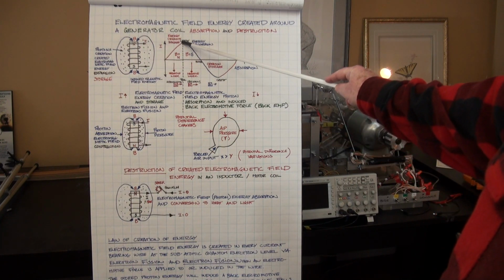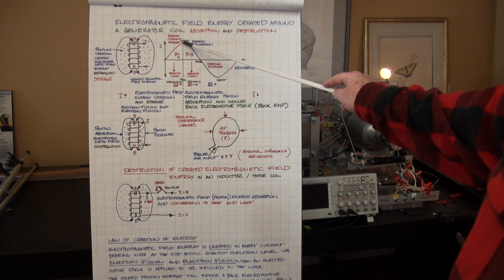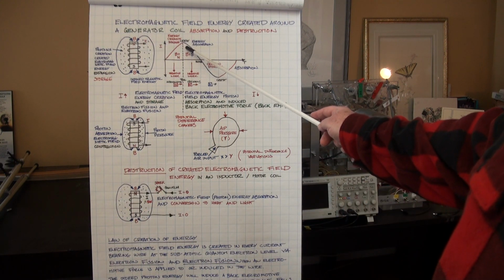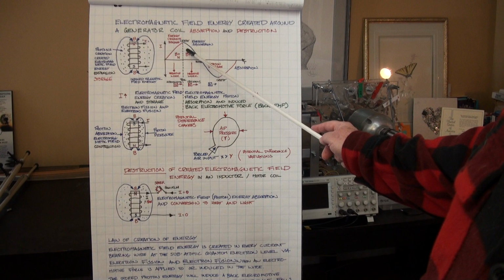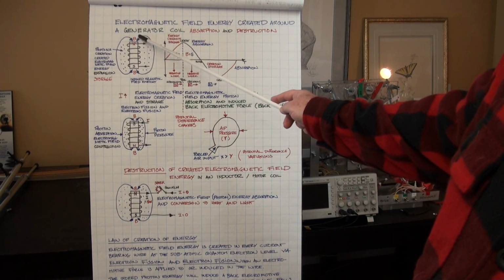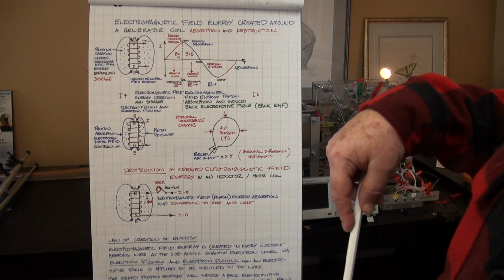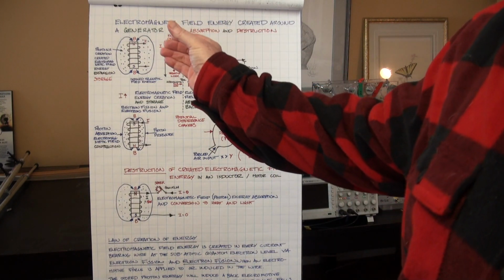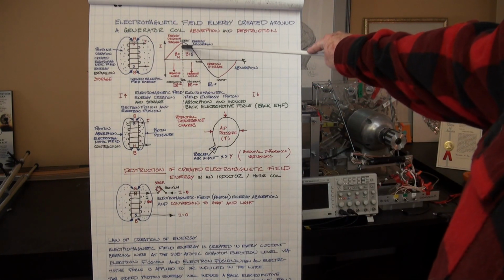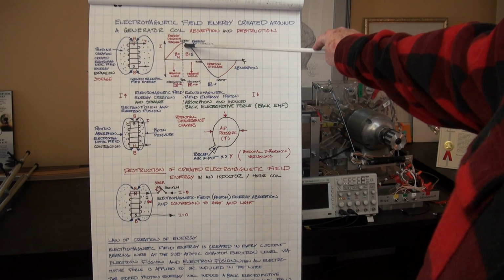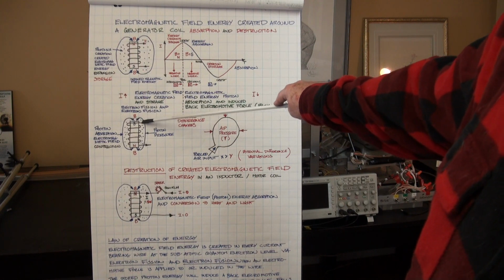And when the potential difference of the induced voltage in the coil starts to drop, that's when the stored energy in the electromagnetic field begins to collapse into the coil, inducing a back EMF and a back current through the coil.